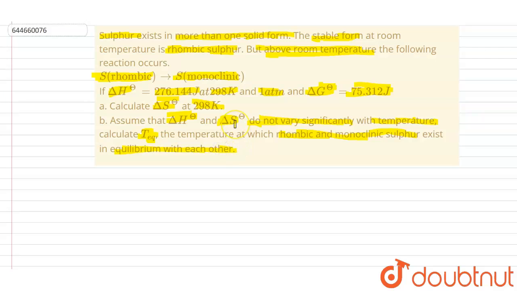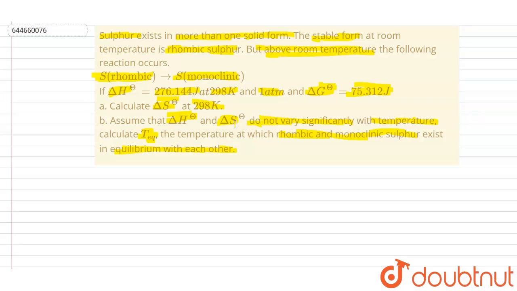The question is very simple. They gave the values of enthalpy and the Gibbs free energy. We have to calculate the entropy value for the transformation of rhombic sulfur to monoclinic sulfur above room temperature. That is the first part, and for the second part, we have to assume that enthalpy and entropy change do not vary significantly with temperature, and calculate the equilibrium temperature where rhombic and monoclinic sulfur both exist in equilibrium with each other.